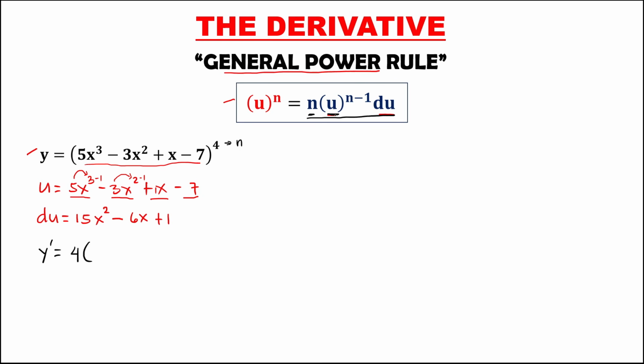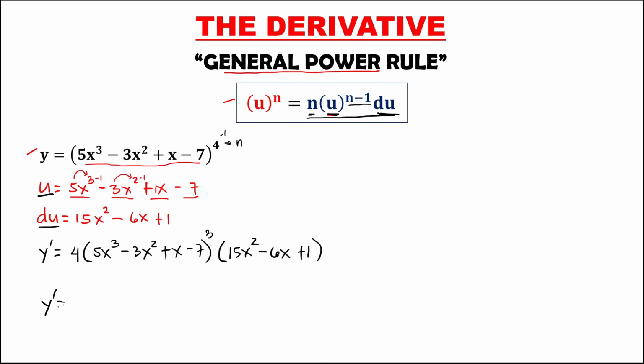Then times u, and u is 5x to the power 3 minus 3x to the power 2 plus x minus 7, then n minus 1, or 4 minus 1, so this is 3, then times the derivative of u, du, so we have 15x to the power 2 minus 6x plus 1.